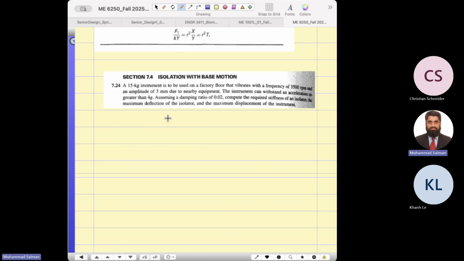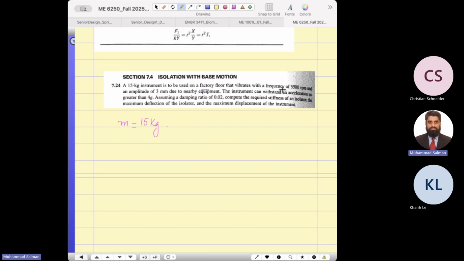A 15 kilogram instrument is to be used on a factory floor.